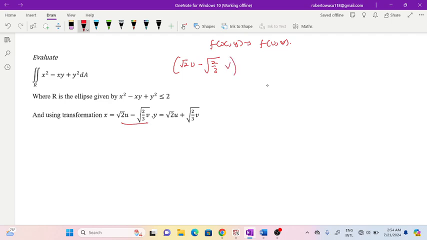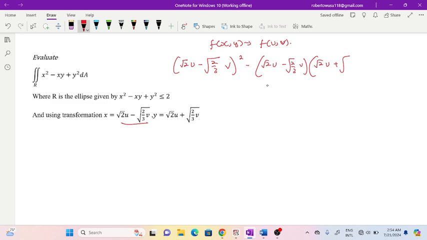So all squared, minus x times y, with 2u minus 2 over 3 v, and then plus y with 2u plus 2 over 3 v, all squared.